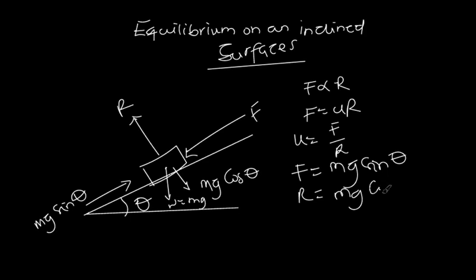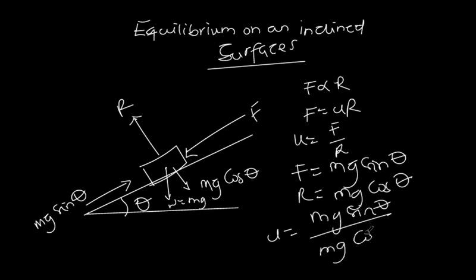Mg cosine theta. So we have Mg sine theta divided by Mg cosine theta. The Mg cancels out, and from trigonometry, sine theta over cos theta gives us tan theta. So our coefficient of friction u can also be said to be tan theta.